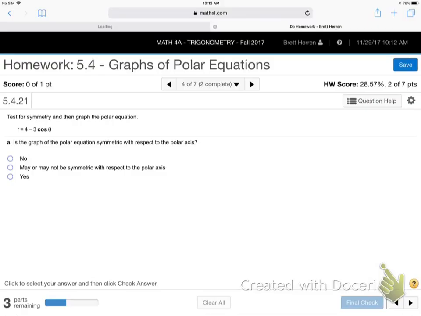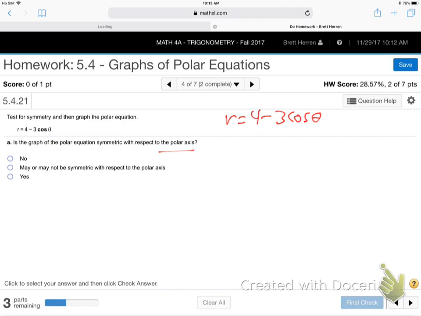And now r equals 4 minus 3 cos theta. Let's try the various tests. Polar axis. What do we do for the polar axis?